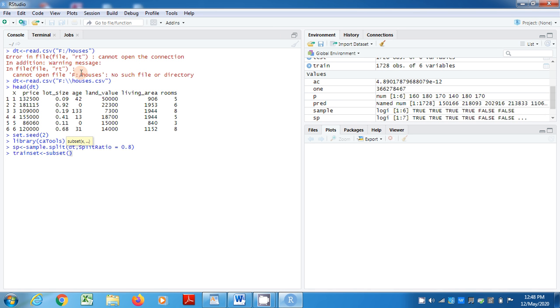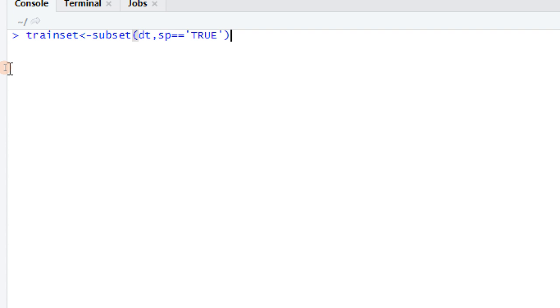I need to get a subset from the data frame DT where SP is equal to true.